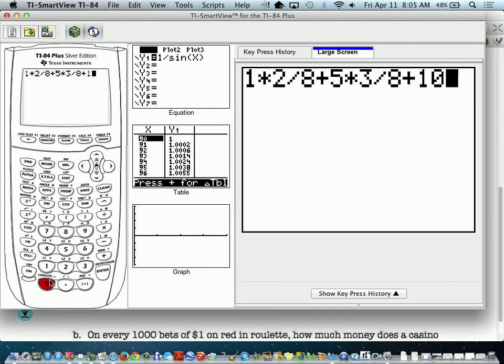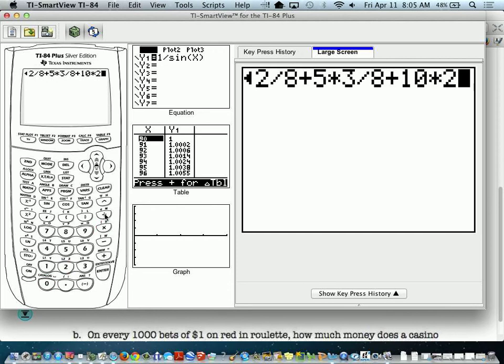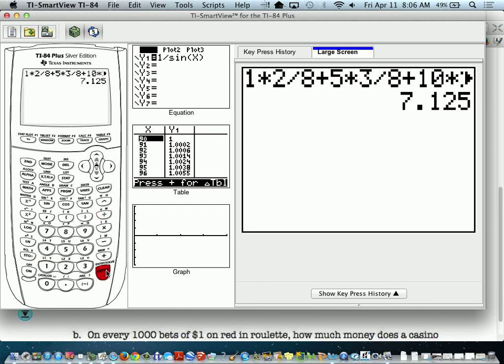The $10 bill times, is it 2? Yep, 2 divided by 8 again. Then the $20 bill times 1 divided by 8. And it looks like I'm getting an expected value of about $7.13.